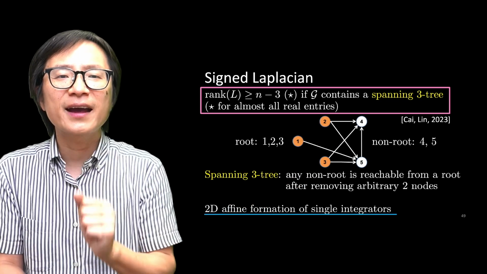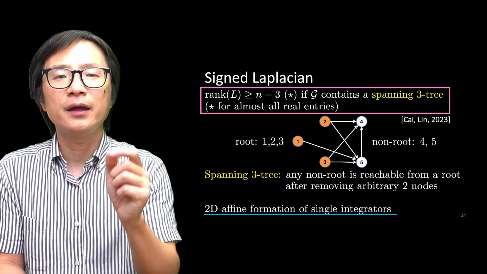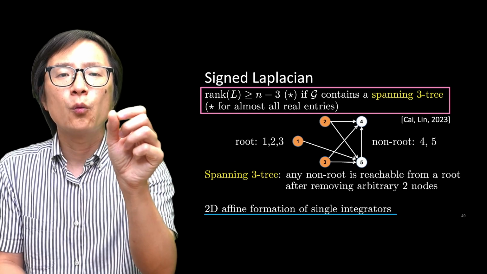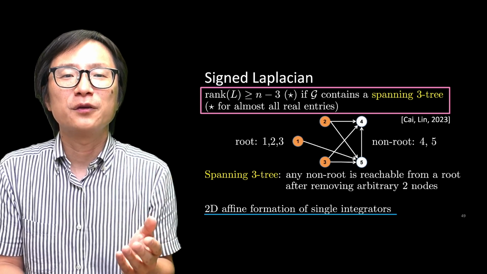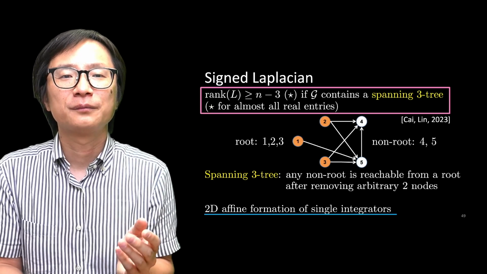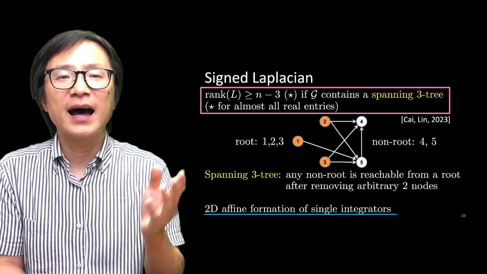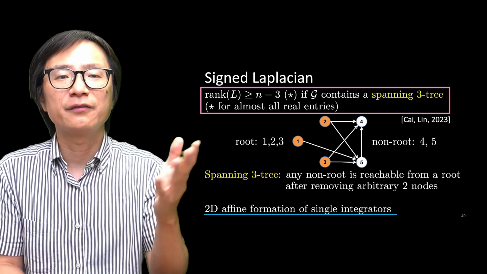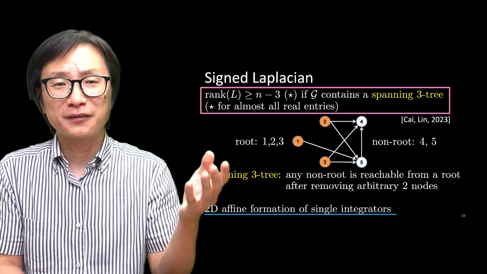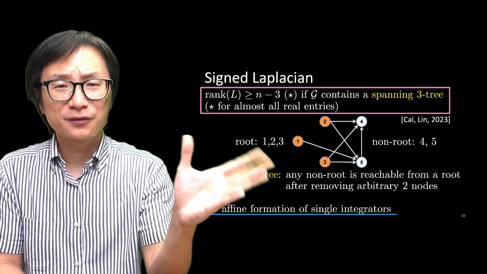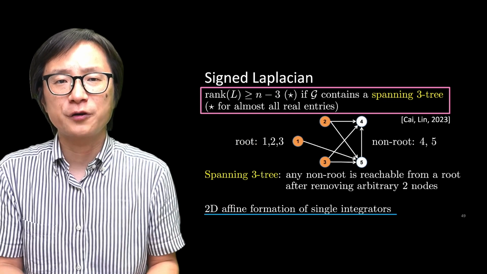Let's say if we take out the 2 nodes 1 and 5, well, 4 can still be reached from either 2 or 3. And it can be verified that node 4 indeed satisfies this condition, and in fact node 5 satisfies the same condition as well, and this graph contains a spanning 3-tree.